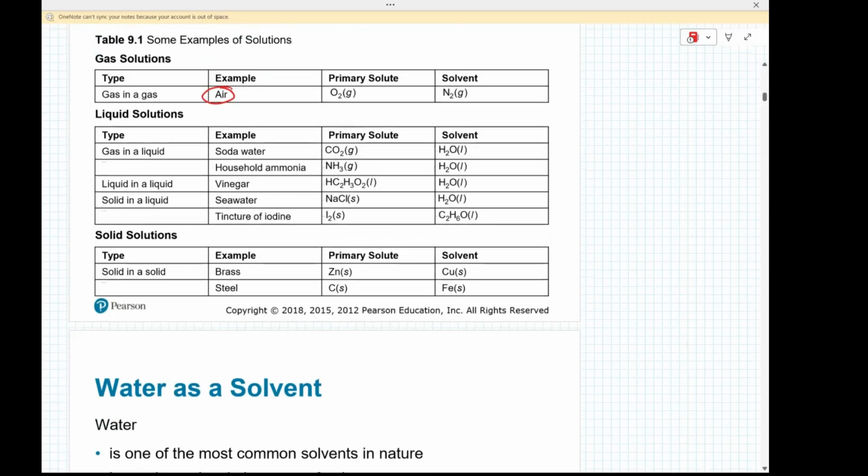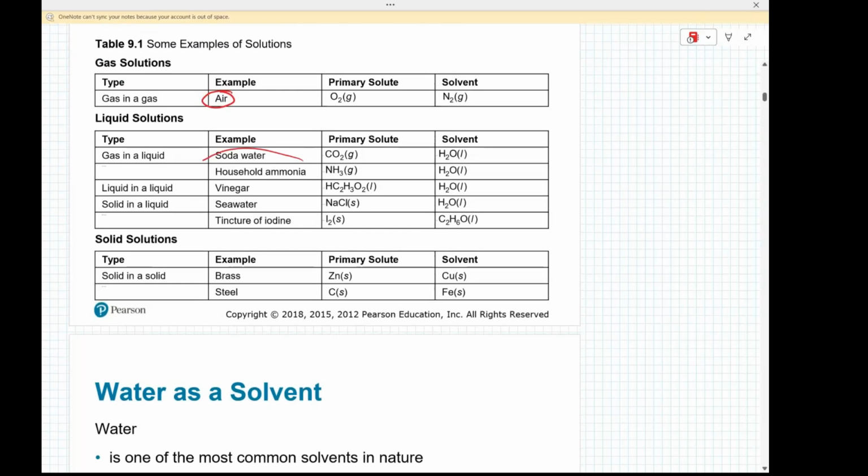Okay? Gas and liquid. We mentioned ammonia solution, carbonated water, liquid in liquid. I gave an example of, say, vodka is liquid in liquid, ethanol in water, vinegar, liquid in liquid. A lot of household cleaners are liquid in liquid.